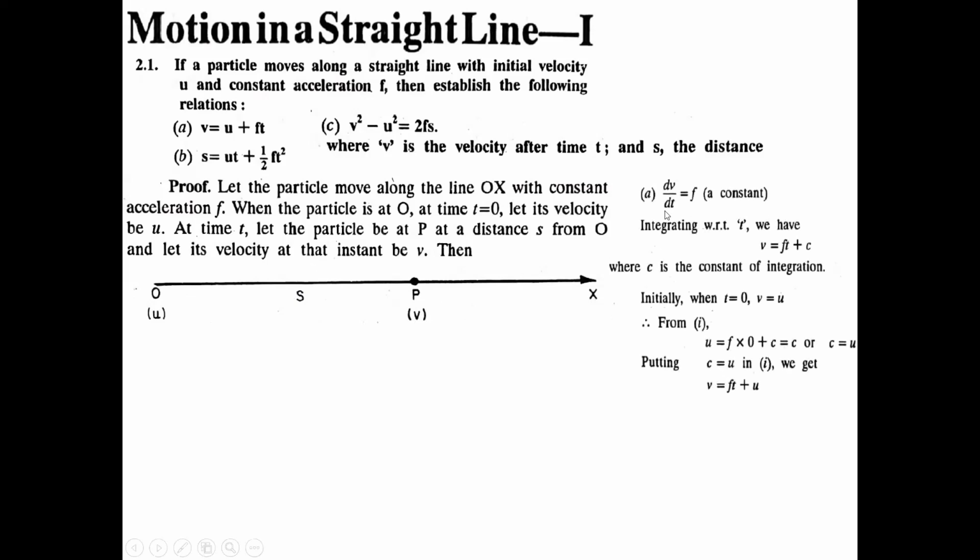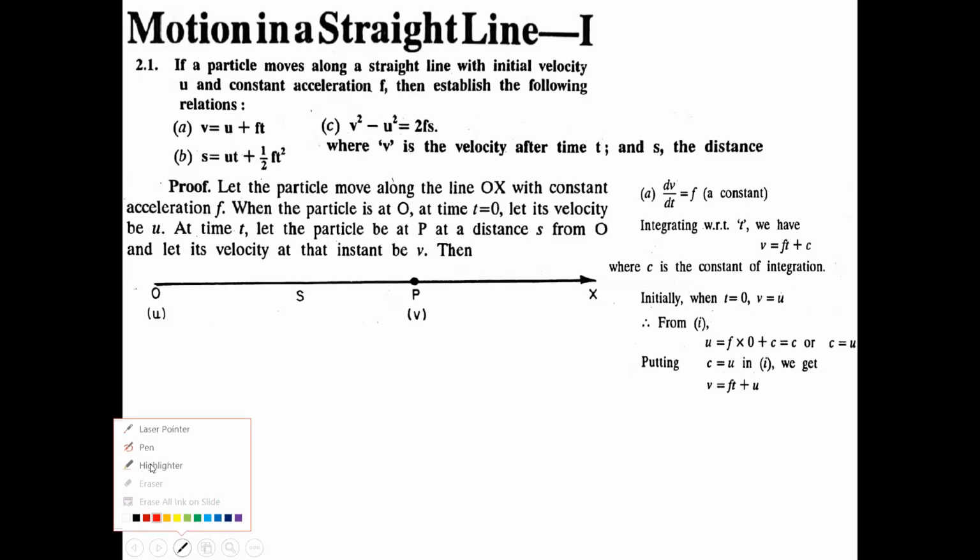Because in the last lecture I have also shown to you that dv by dt is f. This is the acceleration. The formula for acceleration is the rate of change of velocity with respect to time. So f is dv by dt, and we are given f is a constant. So integrating with respect to t, when we do the integration on both sides with respect to t, here I would get only v, or you can say just cross multiply like this.